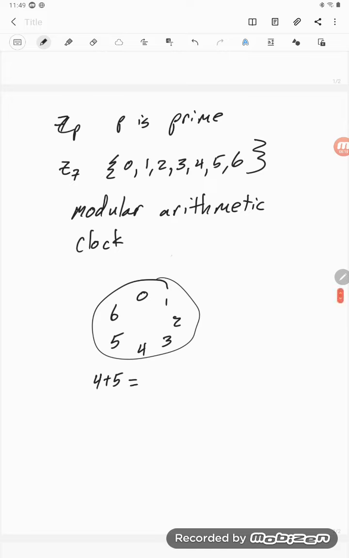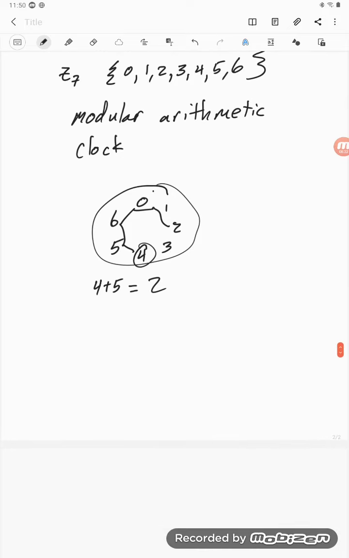If we think of the clock, you would go here to 4 and then add 5 more. So there's 1, 2, 3, 4, 5 more. I would get 2. But as you can imagine, that could get kind of tough to do in general.